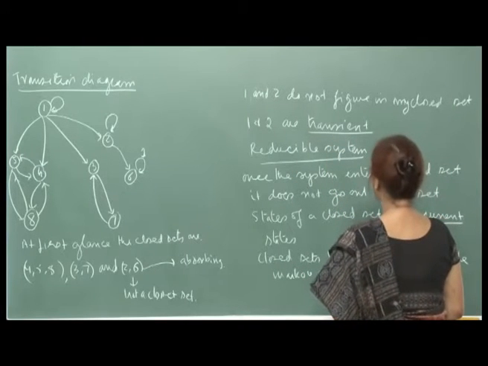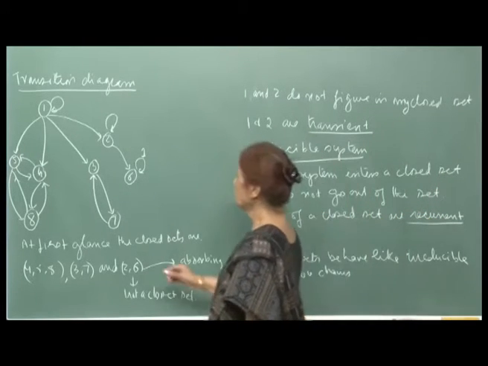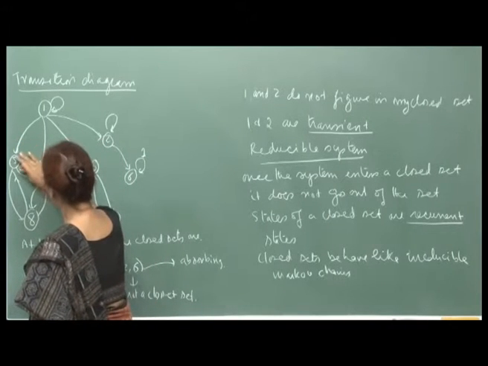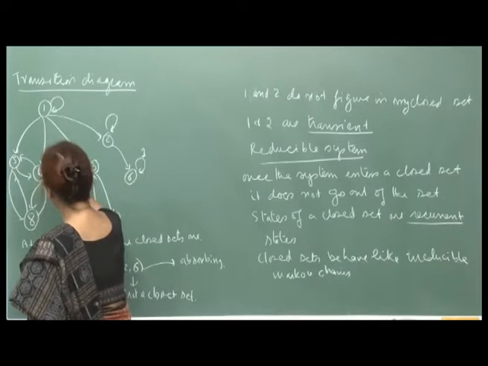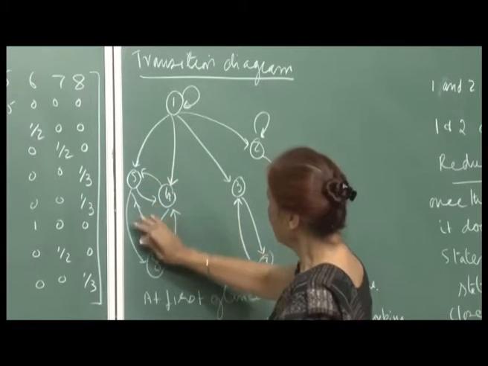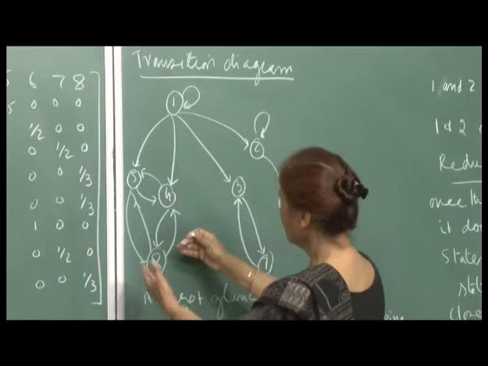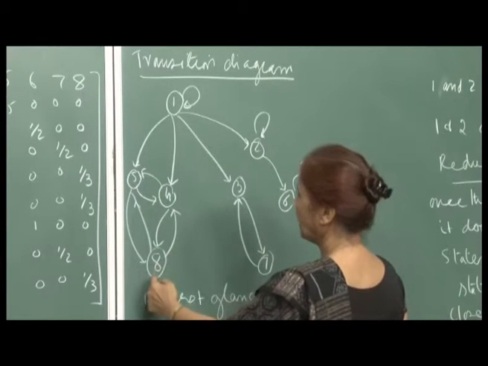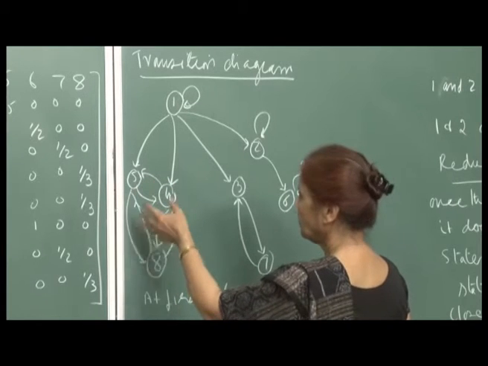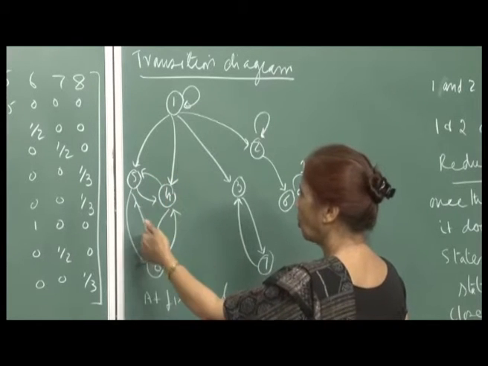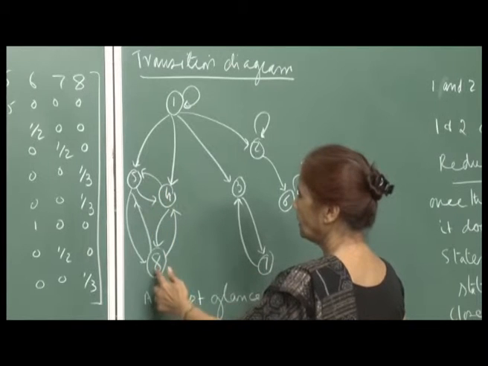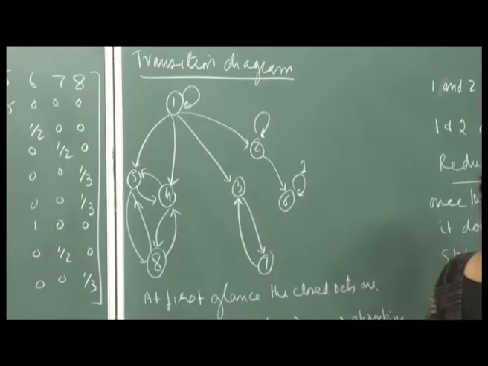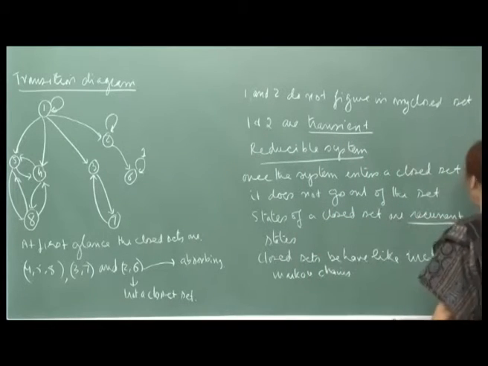Now, thirdly, once the system enters a closed set, suppose for example it enters state 5 or 4, then it will keep hopping among these states only. There is no arc going out of 4, 5 or 8. So, your system will then for an infinite number of times go on hopping among the states 4, 5 and 8, and such states we will call recurrent, because they will keep occurring again and again.